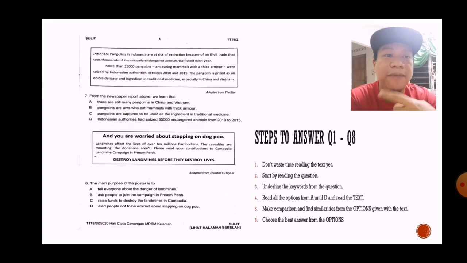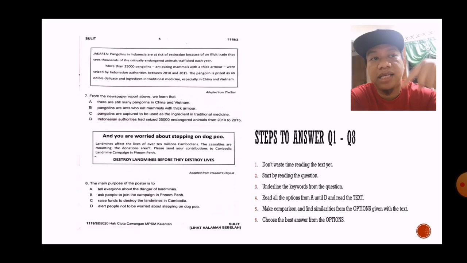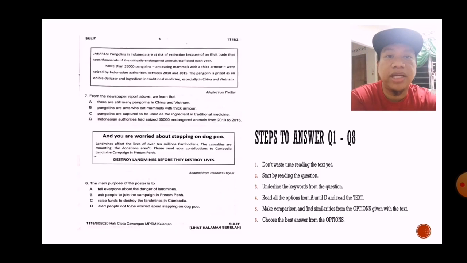Based on this, I hope all my students learn a lot, based on the steps given down here, all the 6 steps to answer question 1 to question 8. These are the steps plus a few tips that I have given from question 1 until question 8. Okay, this is the first part of section A. Let us move on to the second part of section A.